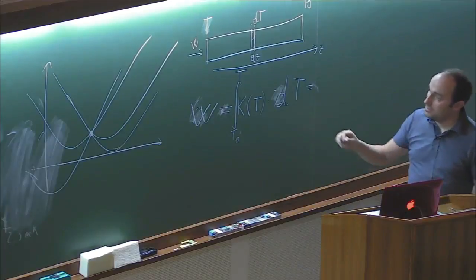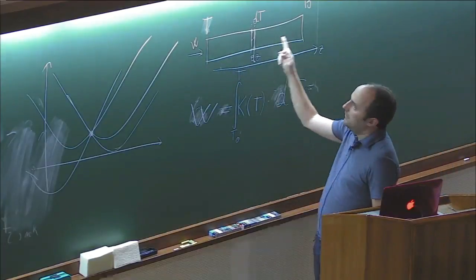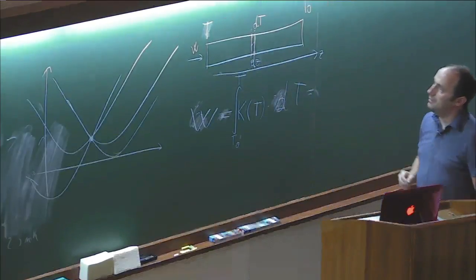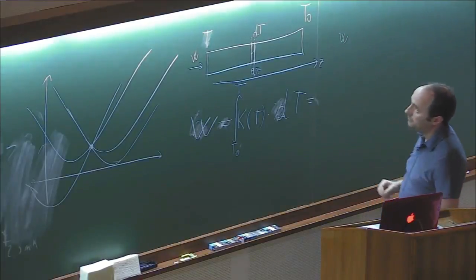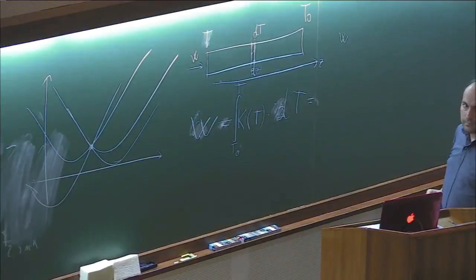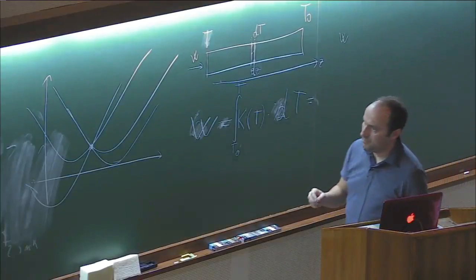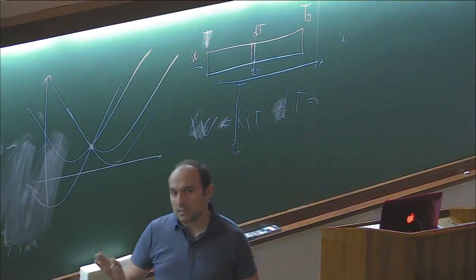You have a power. This power has to flow at any point. This W. Where? This is another point.